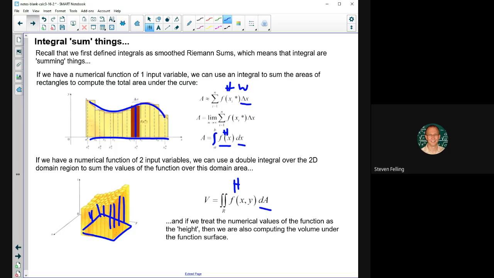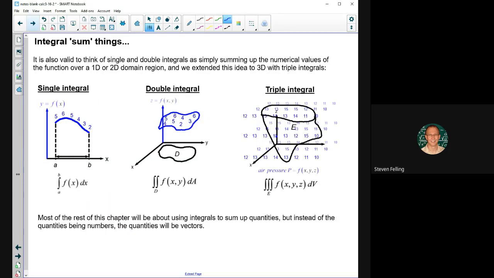But then we said what we should really be thinking of integrals as is summing the integrand, whatever the integrand is, right? So if we have an integrand, which is scalar numbers, like different y values here, and we sum those over some piece of the domain, which is a single variable here, x, then we're summing these values over this domain with this integral.